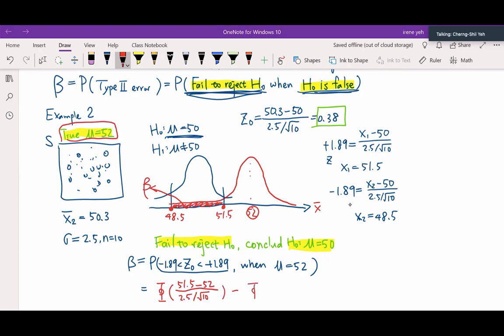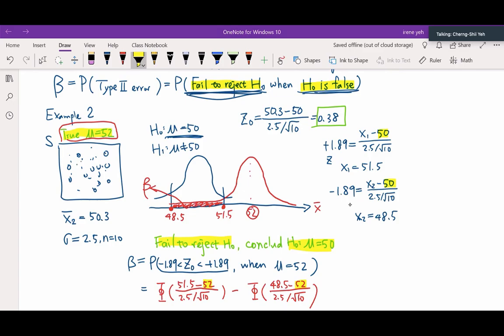Subtract the left-hand side, which is 48.5, subtract 52, divided by 2.5, divided by square root of 10. Okay. Want to highlight the differences here and here, here and here.